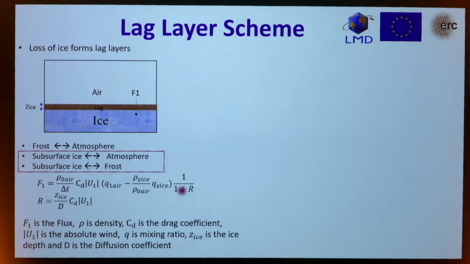What is this resistance made of? We call it the resistance because it resists the ice from sublimating. So the R is made of Z ice, which is the depth of the ice, divided by the diffusion coefficient, which is a big unknown. It can vary over orders of magnitude, the drag coefficient, and the wind again.